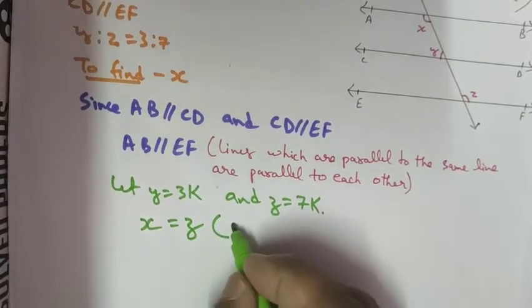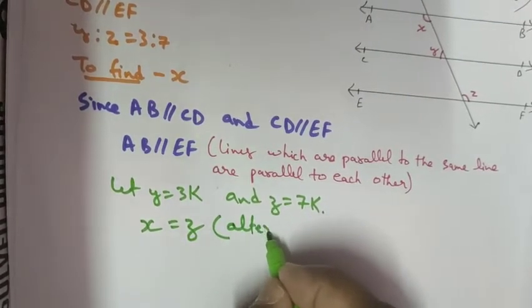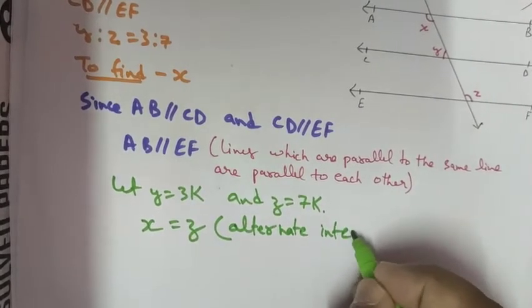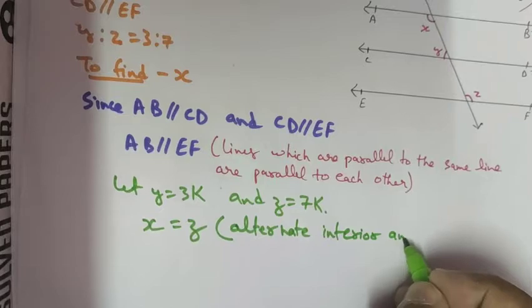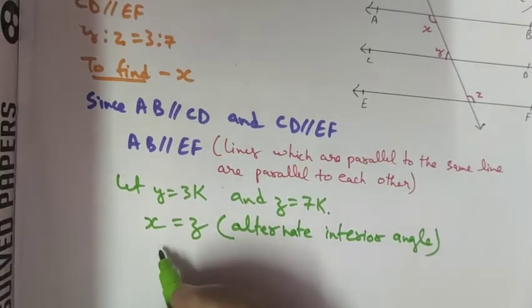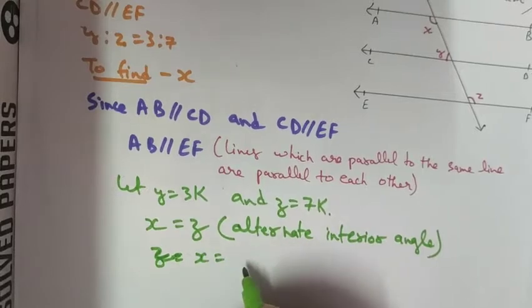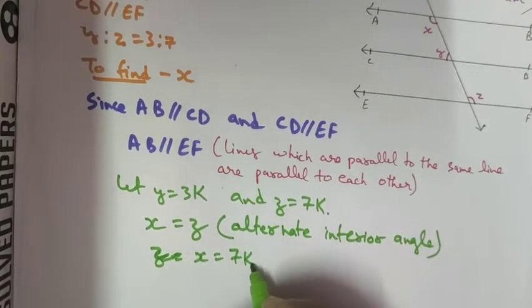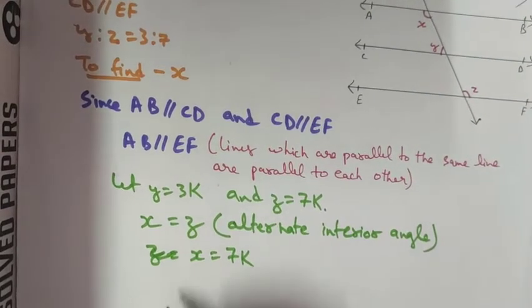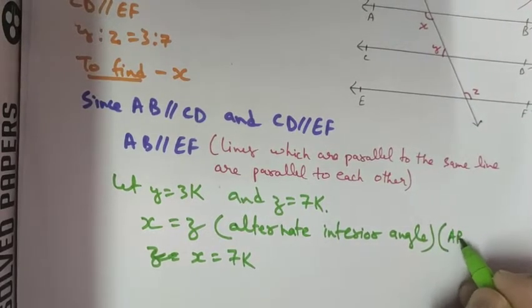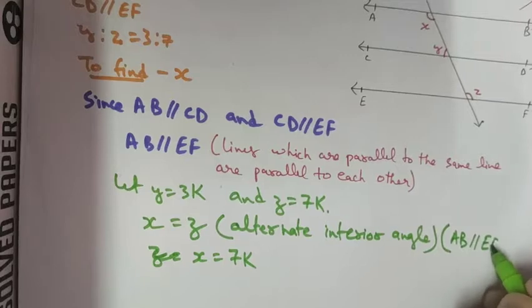Because they are alternate interior angles. So angle x is also equal to 7k, because AB is parallel to EF.